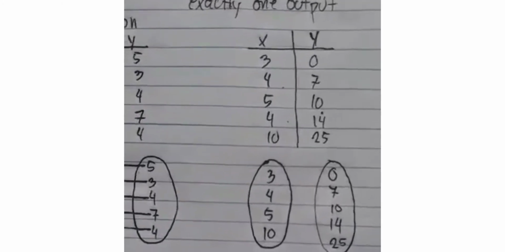Now let's take a look at the second table. Notice that the input of 4 occurred twice with two different outputs. Here we have an input of 4 with output of 7, and here we have an input of 4, output of 14. This does not satisfy the definition of a function because the x value of 4 actually has two different outputs, or two corresponding y values.